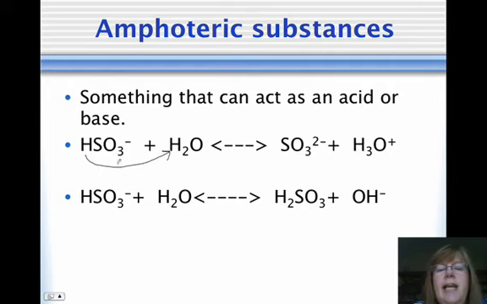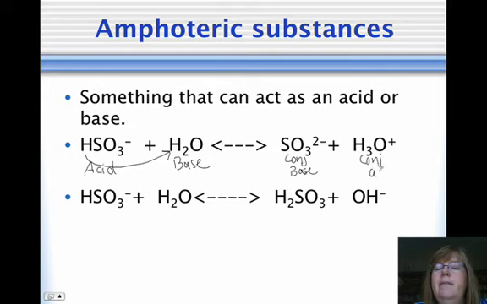So it's giving an H+ to the water, forming the hydronium ion, and leaving behind the sulfite ion. So here, this is the acid. The water is accepting the proton. It's the base. The sulfite ion is our conjugate base, and the hydronium ion is the conjugate acid.